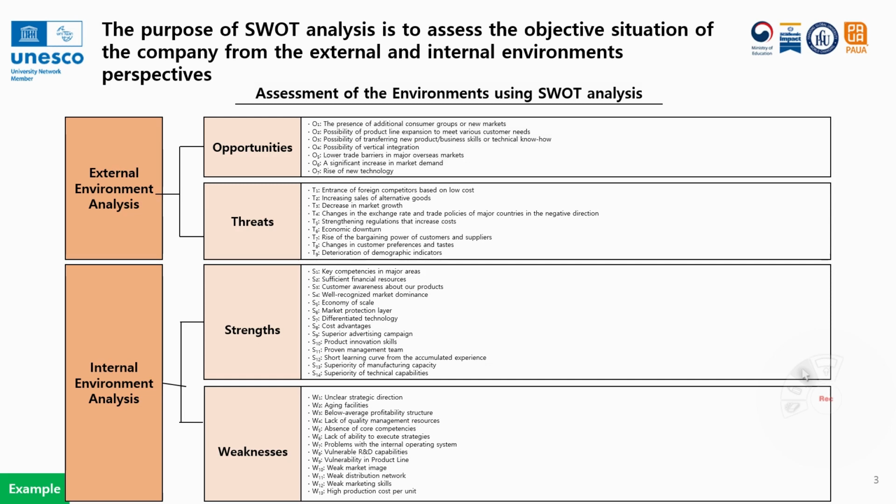If we can identify some of the competencies in a lot of areas as our core competencies, definitely that's one of our strengths. Right? And an example of strength number two is sufficient financial resources. Okay, that could be one of the core competencies of our company.